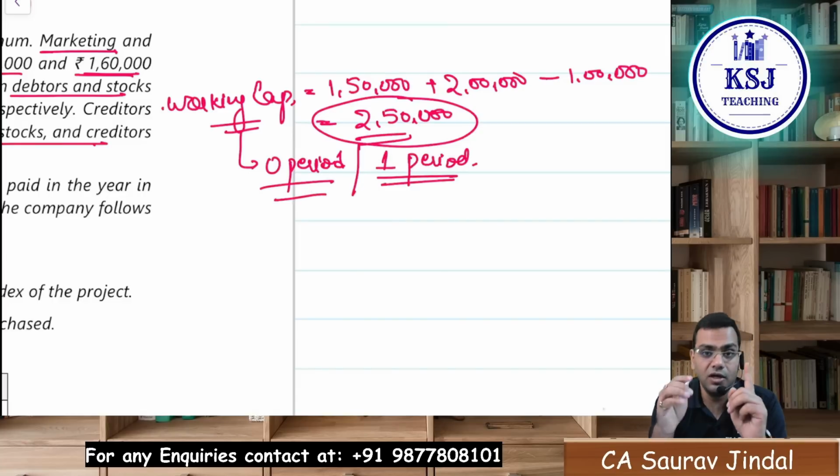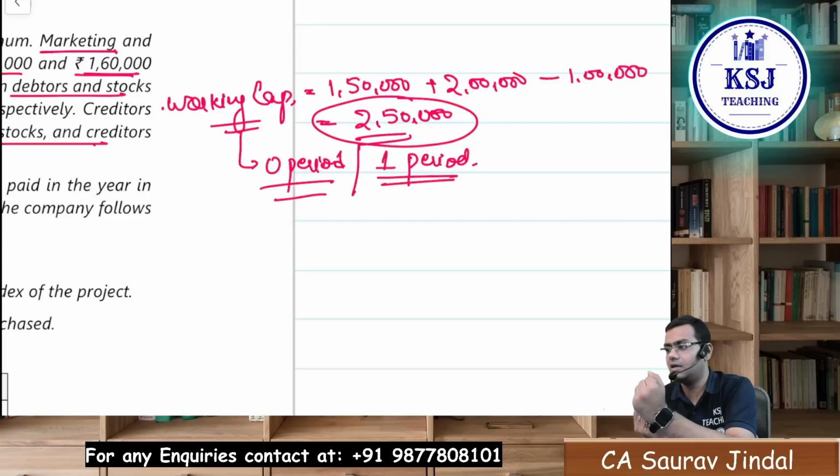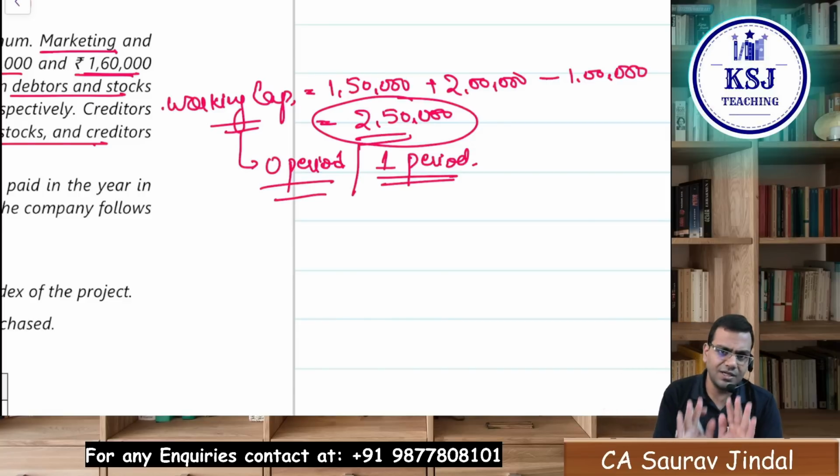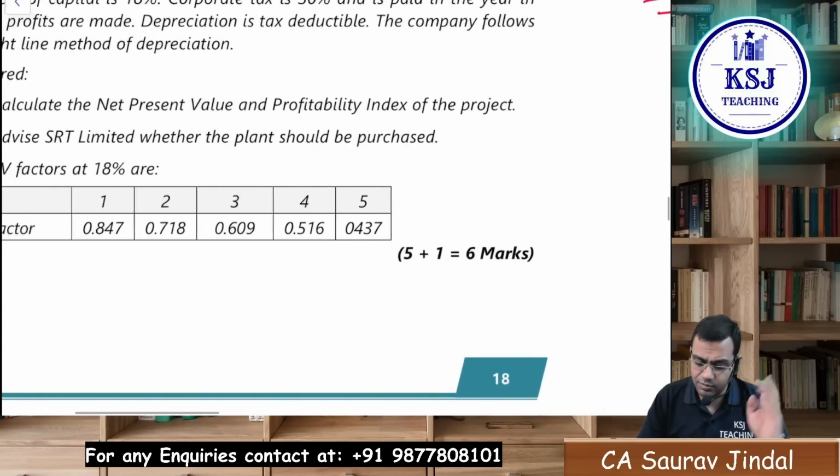Both the alternatives are correct. This is basically the interpretation. Increase in the first year means there will be a requirement in the first year, so we can issue it at 0 period also, or we can say during the first year the requirement arose and we issued it at the end of the first year. So both ways it is absolutely correct. Clear? Even the solution is given both ways.